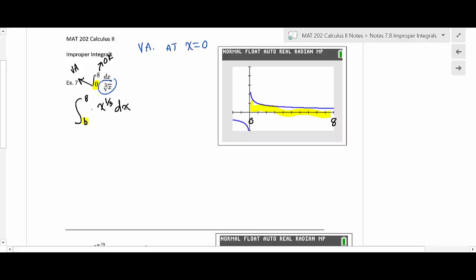Right? Okay. Now what you've got to do is figure out which kind of limit we have. So b is going to approach from which side? It's going to go this way. You go towards the asymptote from the right, so you're going to approach 0 from the right-hand side like that. What's that? Right here?